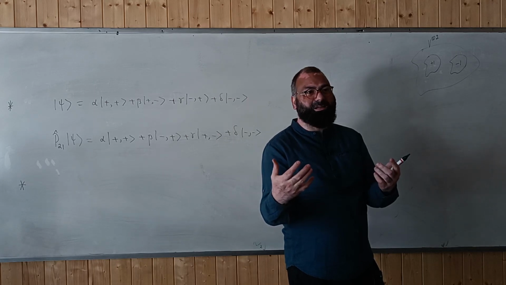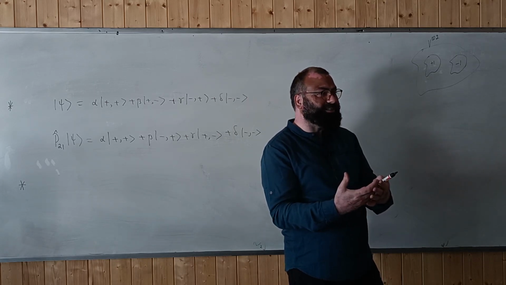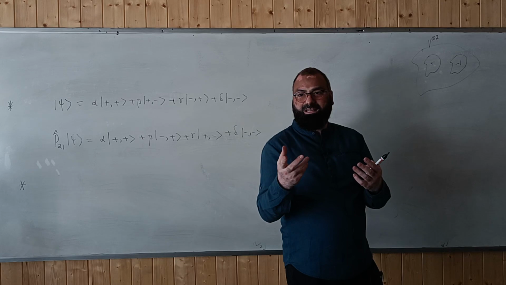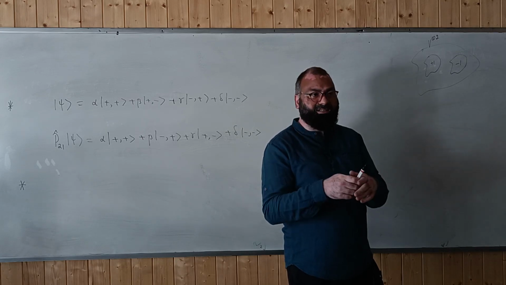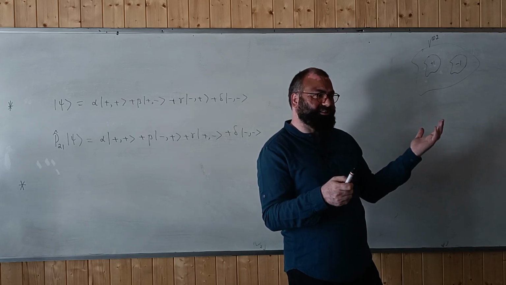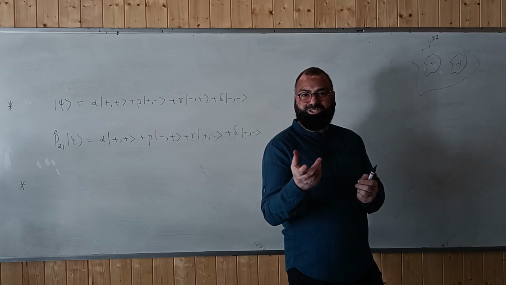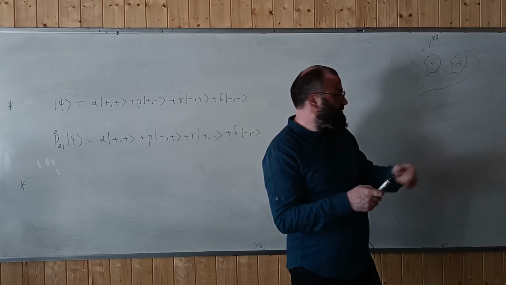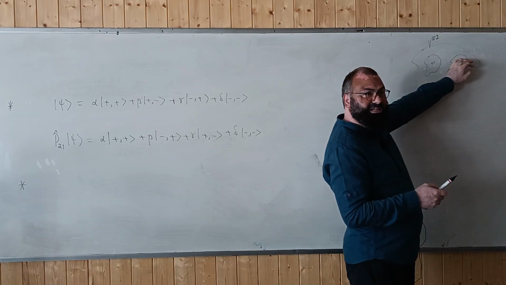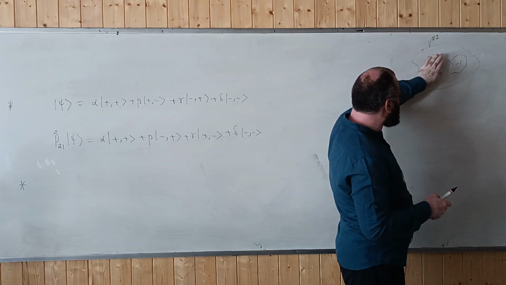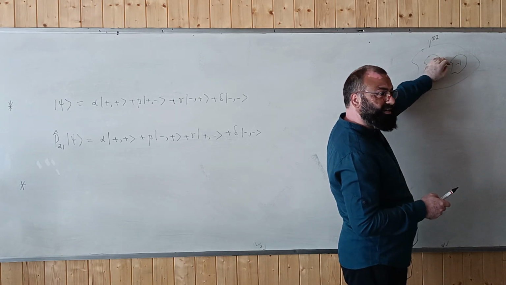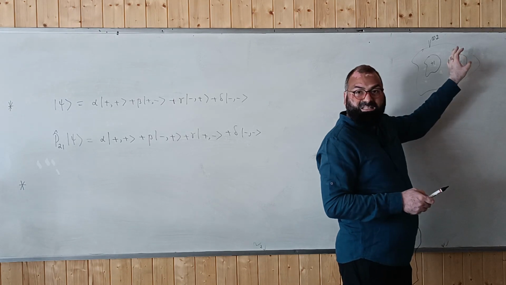In a symmetric state, if you interchange the two particles, it will remain the same. Another kind of state, if you interchange the particles, you get a change in sign. So that is an antisymmetric state. This subspace will define all the possible symmetric states, and this will give you the antisymmetric states.